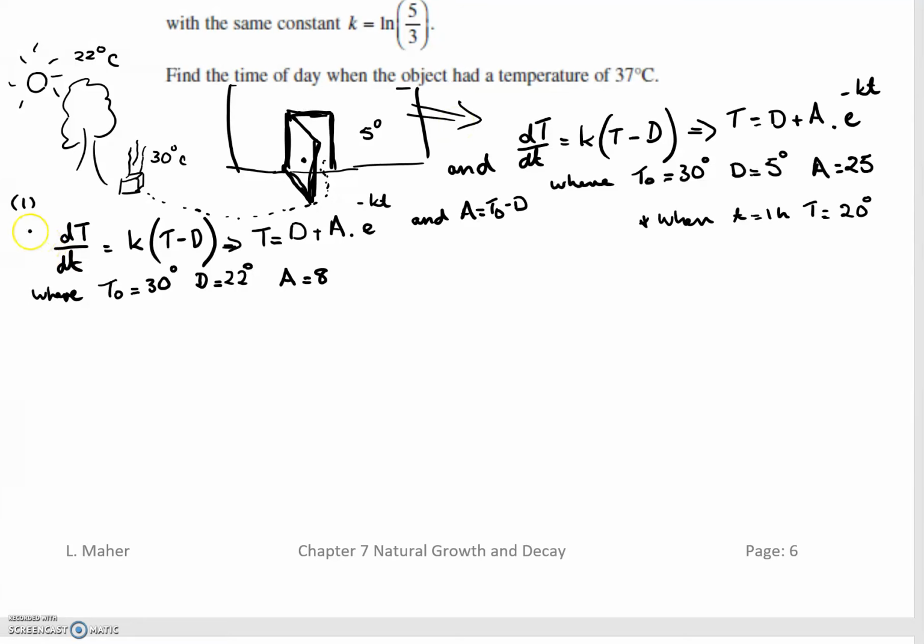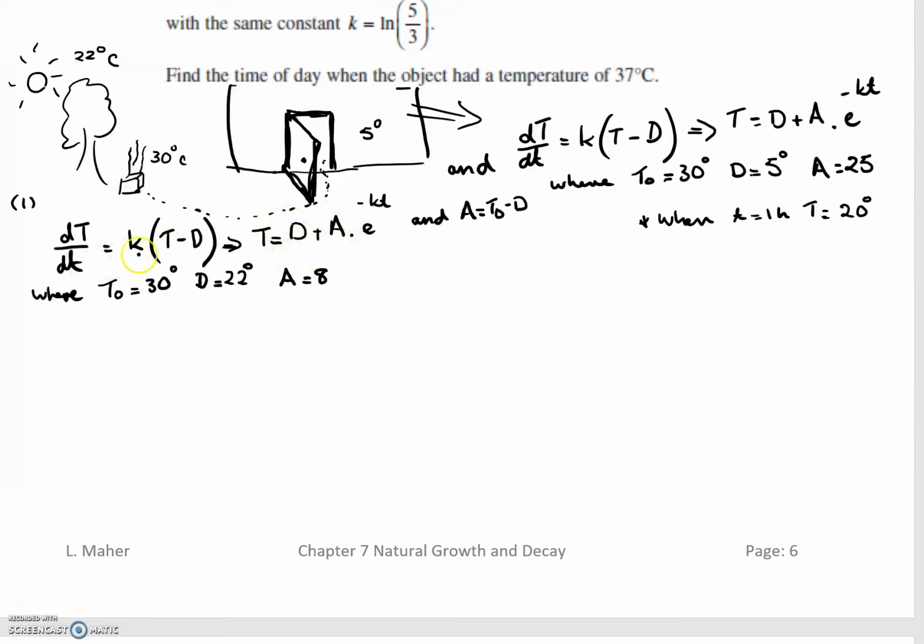Initially I started off, we know that it's a situation where the rate of change is proportional to the difference in temperatures. So we write dT/dt is k times (T minus D). Identify these things.